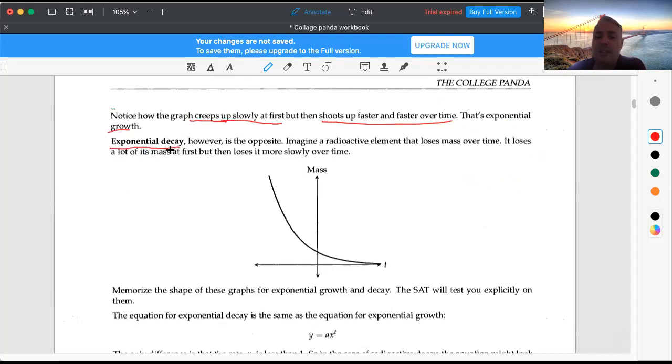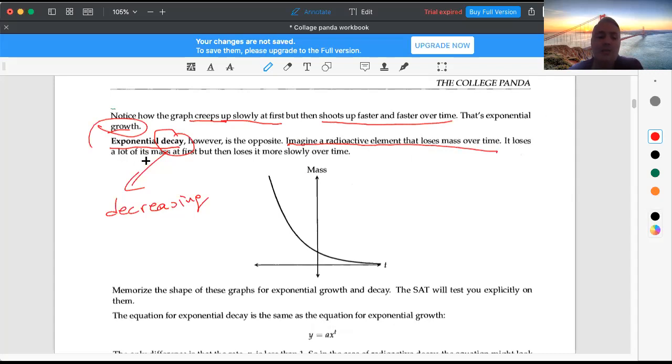What is exponential decay? Decay means something is decreasing. It's the opposite of exponential growth. So growth and decay, opposite things. Imagine a radioactive element that loses mass over time. This is one chemistry topic. Radioactive elements are losing their mass as time passes.